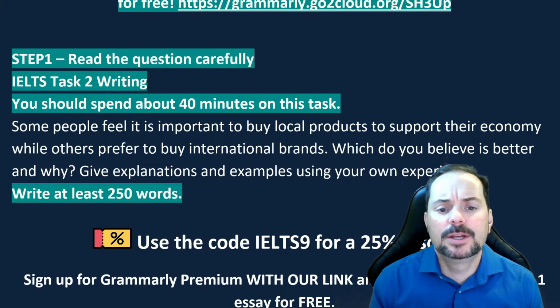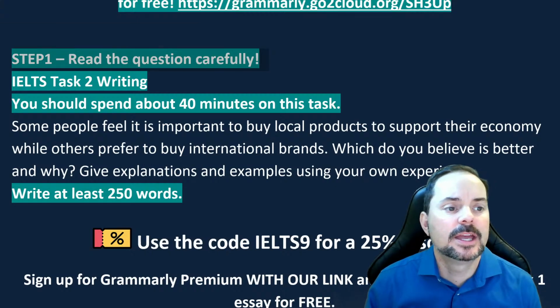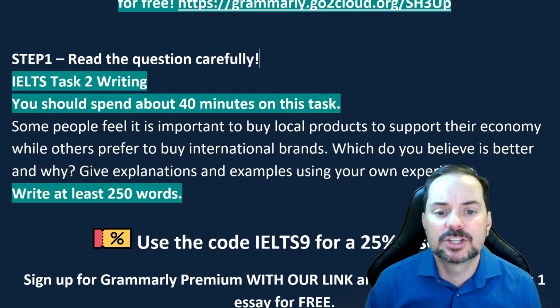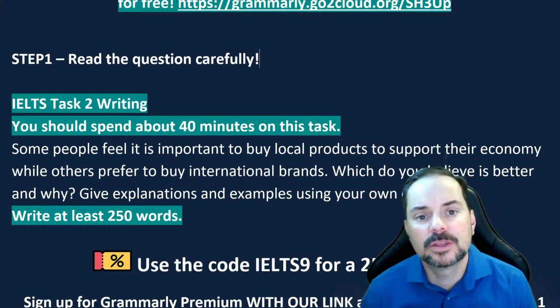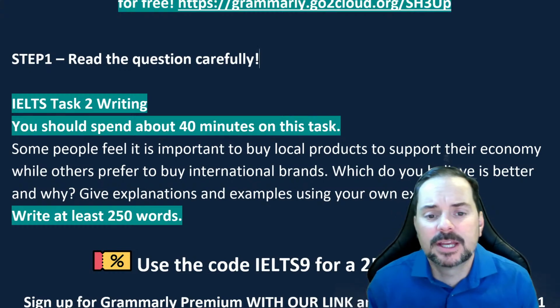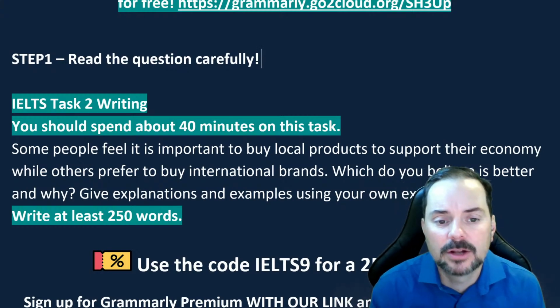The number one mistake by students is that they don't read the question carefully and they write off topic. They don't know why they got a bad score. They say, hey, but I wrote such a good essay, and why did I get such a low score? If you write off topic, you will get a low score.